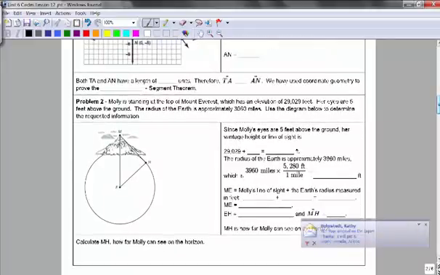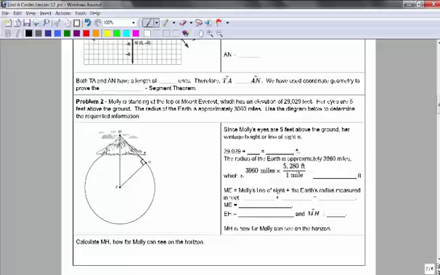Problem number 2. Problem number 2 is some older stuff. Problem number 2 talks about a tangent being perpendicular to a radius at the point of tangency. So this is an old thing that we talked about.